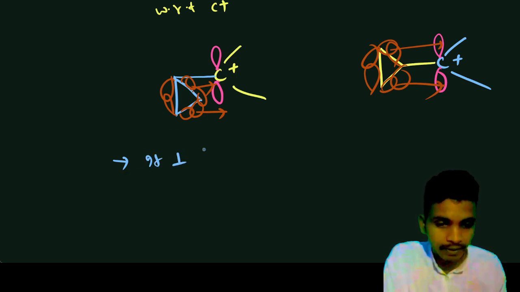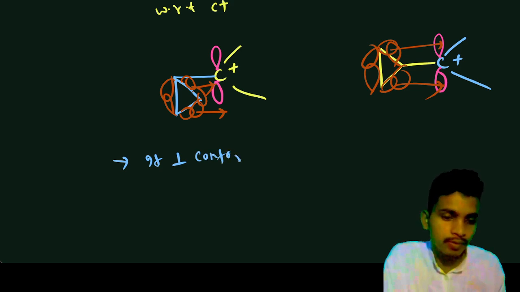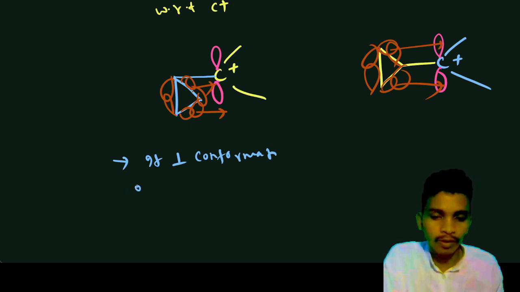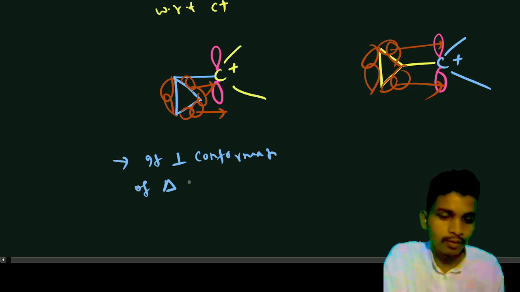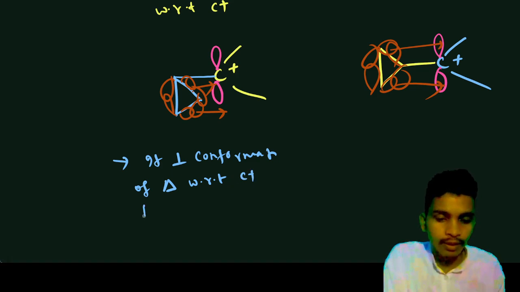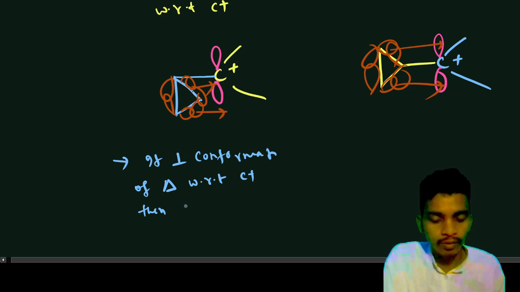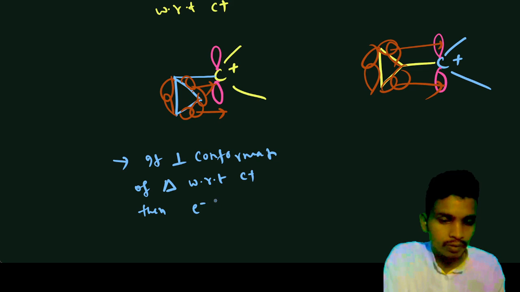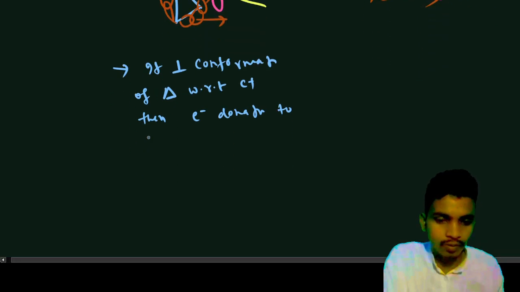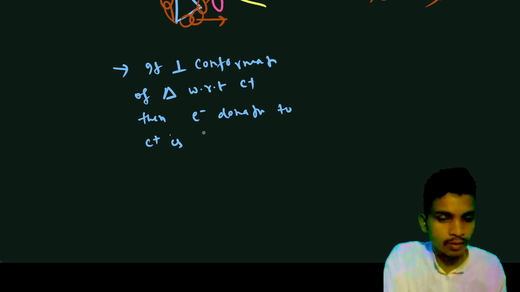It means I can write here: if the cyclopropane is in the perpendicular conformation with respect to the carbocation, then electron donation to the carbocation is not possible.